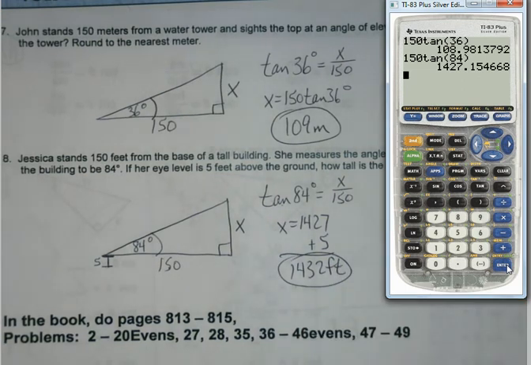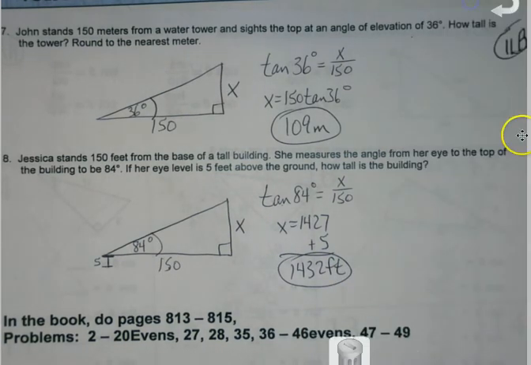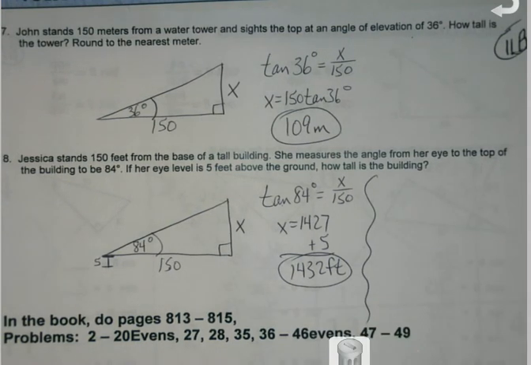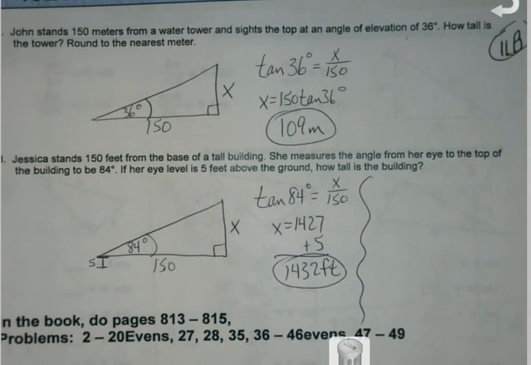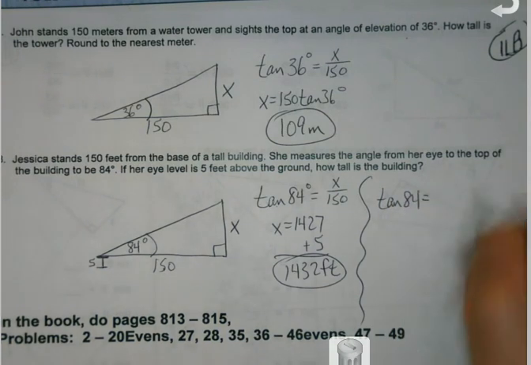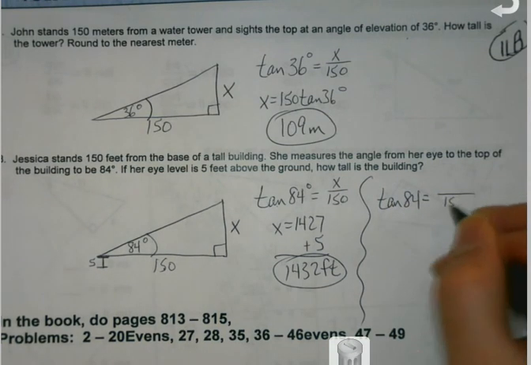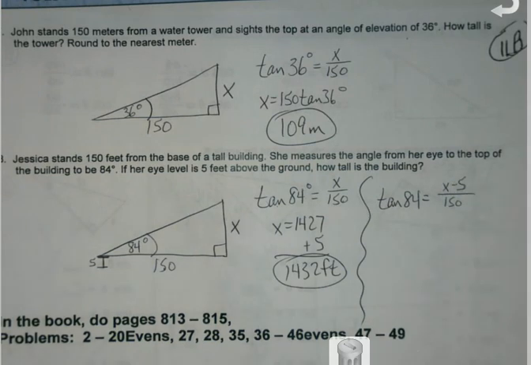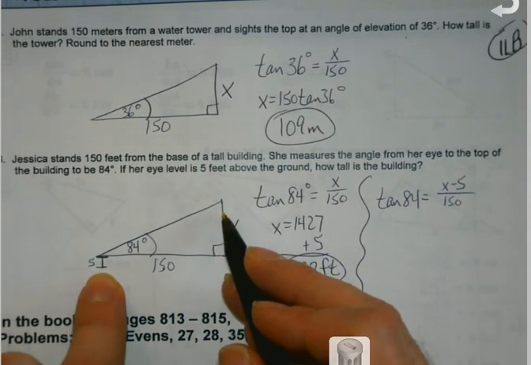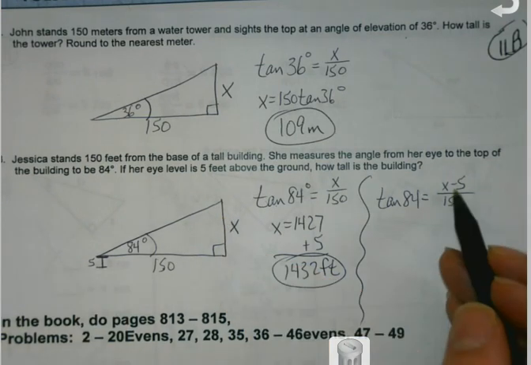Now, if you're one of those people that you would tend to forget at the end, you do the problem, you forget about the 5, and then you'd be like, crap, I missed this. The other way I could set it up for myself, if I didn't want to get this messed up, would be to set it up as the tangent of 84. But if you're doing it just with that triangle at the time, you'd be subtracting 5 from it, because you've got this 5 you're not taking into account. You're like, wait a minute, why wouldn't I be adding it?